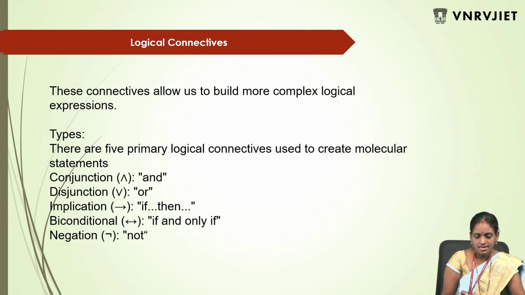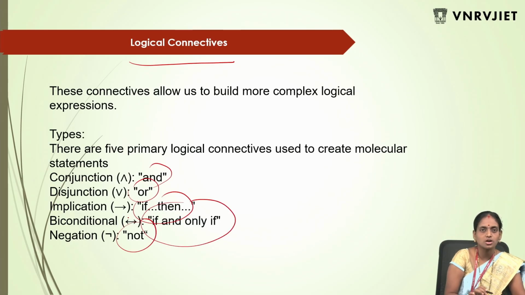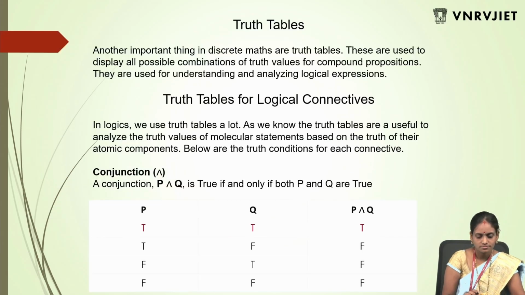So here the next is logical connectives. Previously we had seen the different types of mathematical statements. Already we had seen and, or, if then, if and only if, and not. Next we will see how we are going to apply all these symbols in our terminology.